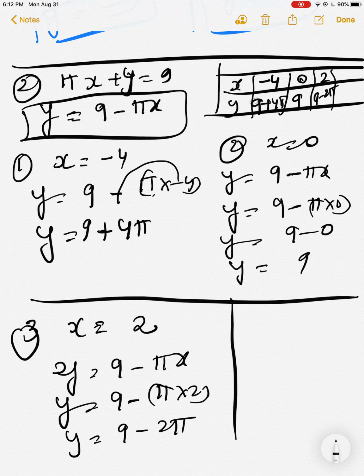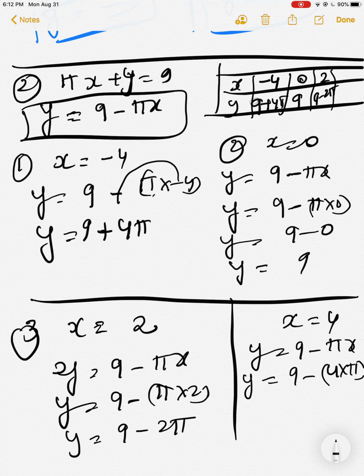Okay, now x is equal to 4. y is equal to 9 minus pi x. y is equal to 9 minus 4 into pi. So when x value is equal to 4, y value is equal to 9 minus 4 pi. Okay, 4 values we have got.